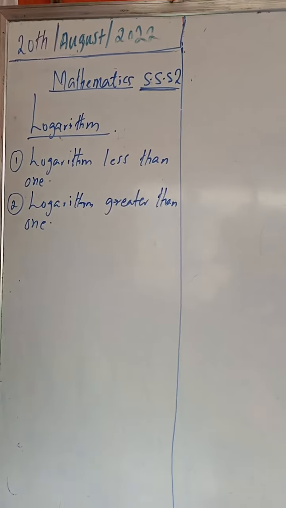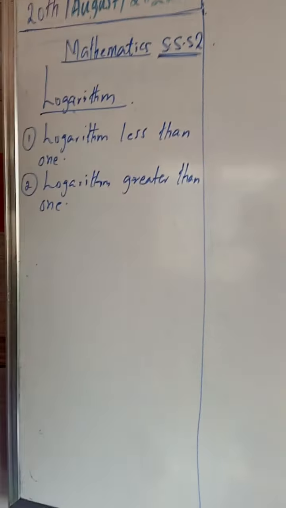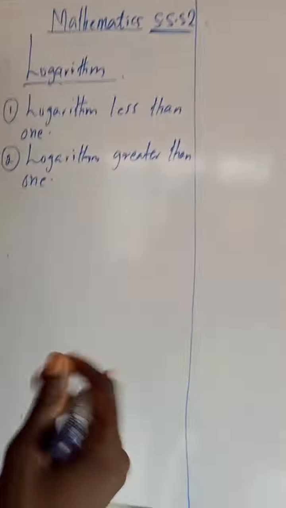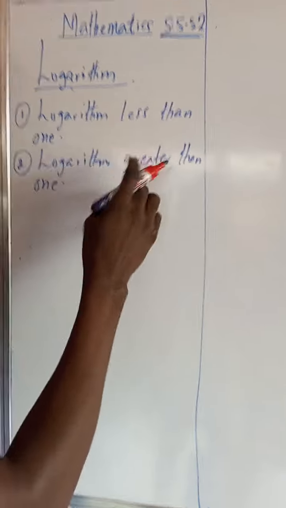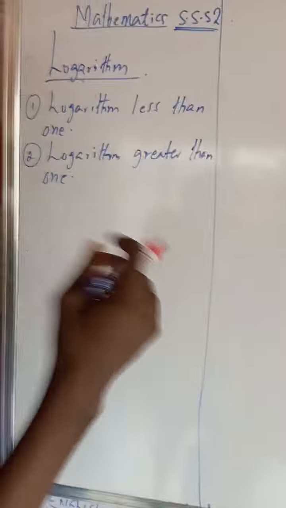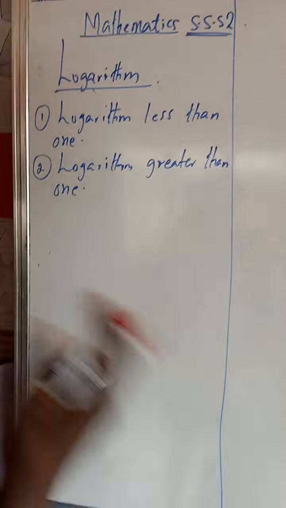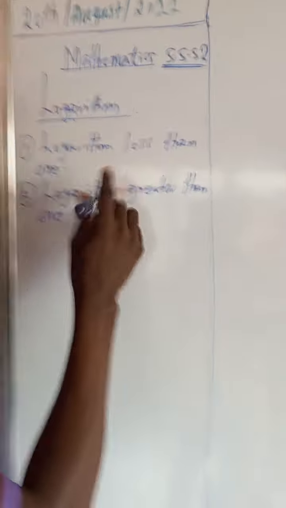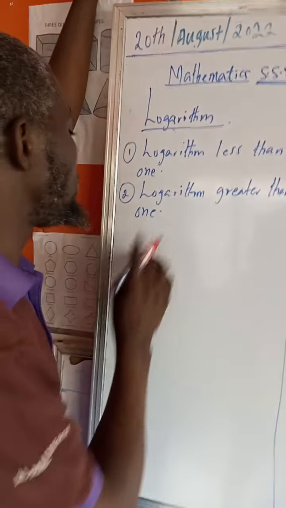If you look at it, in SS1 they have done something similar, but we are taking it from the rudiments for the students in SS1 to benefit from it, and then the students in SS2.